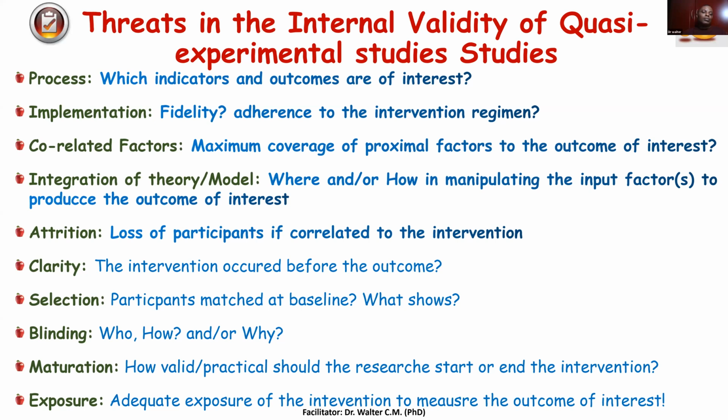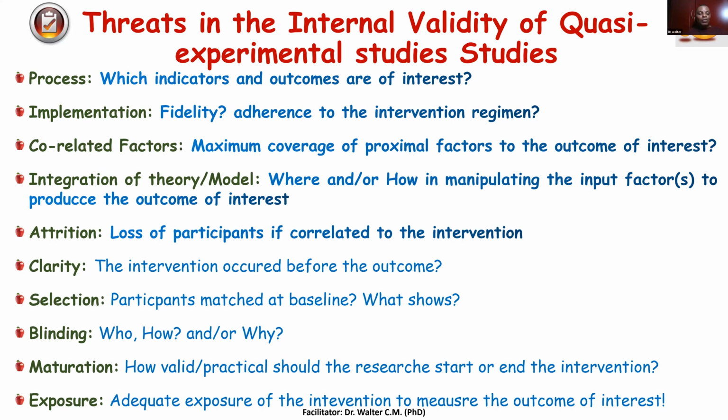These bring queries. And then blinding: who is blinded, how is it done, and why is it done? It's not written in the proposal. If you are not writing it in the proposal, you are bringing your readers into a dilemma and a difficult situation to understand your research proposal.